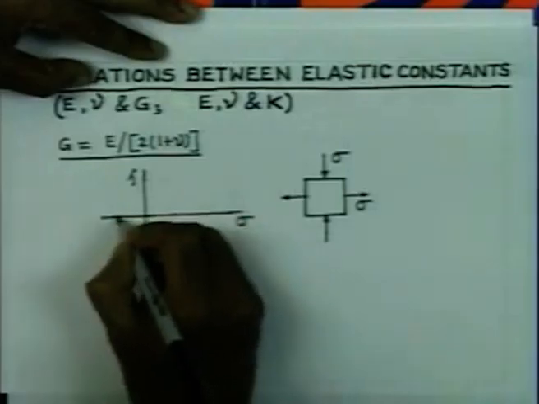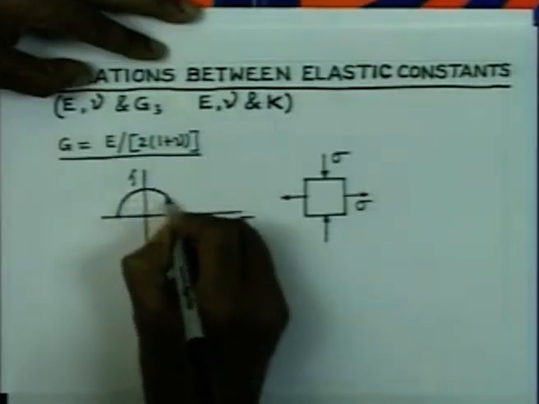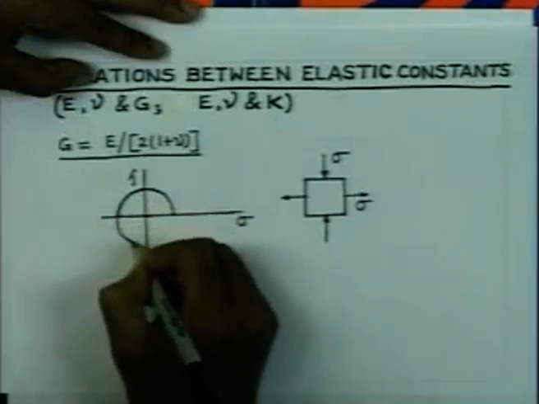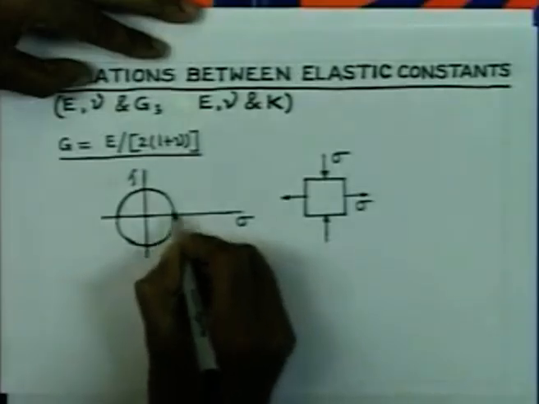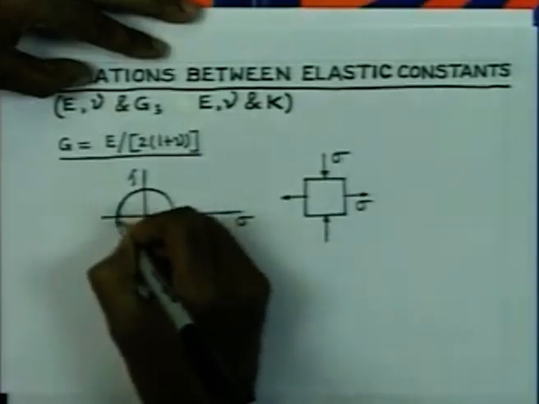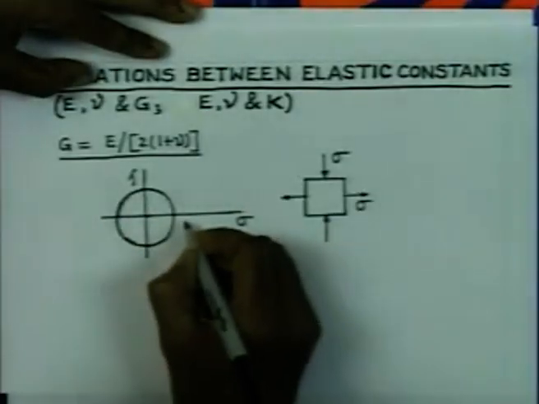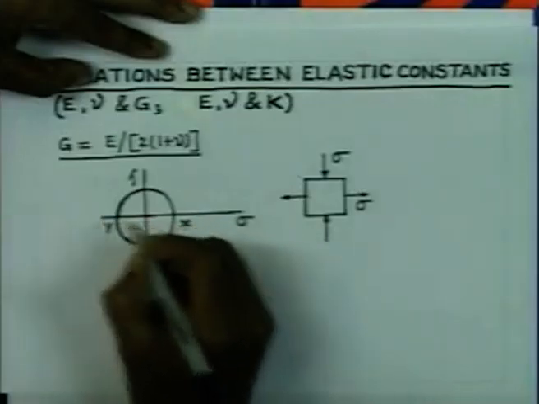This is the x axis, this is the y axis. The Mohr circle is going to be something of this sort in this case. So, this is the location of the x axis, this is the location of the y axis.